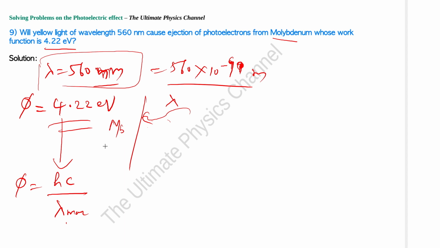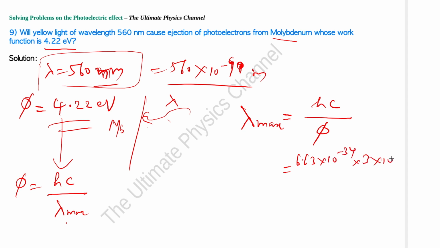So using this, if I calculate lambda max for molybdenum, lambda max is equal to hc over phi, that is 6.63 into 10 power minus 34 times 3 into 10 power 8 for hc, over phi, which is given as 4.22 in electron volt units. So I'm converting that into joule units by multiplying by 1.6 into 10 power minus 19, and then I have to work out these numbers.